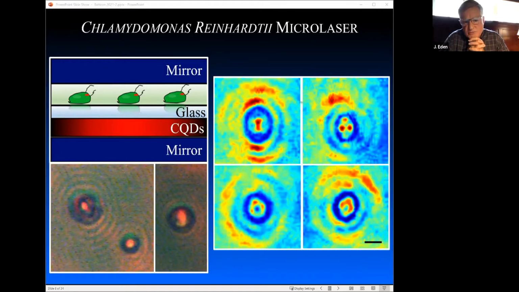It turns out that if we introduce these living cells into the interior of the laser resonator, we obtain lasing just where the cells are located. So the four panels shown on the right are actually false color images where the blue circles or ellipses represent the perimeter of these clammy cells.